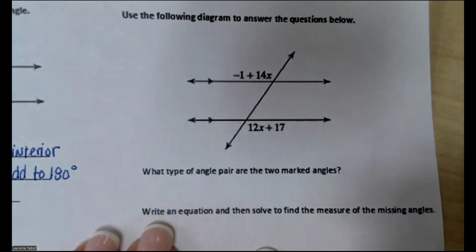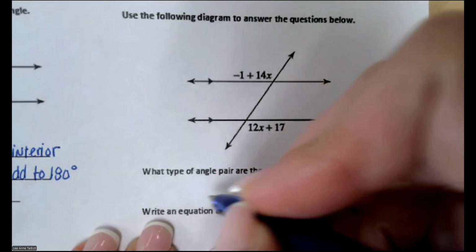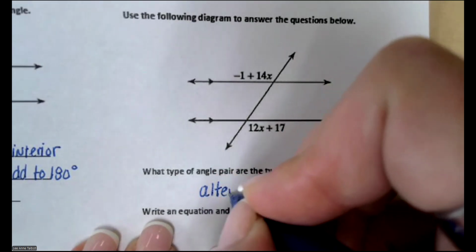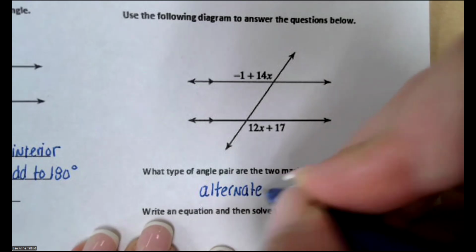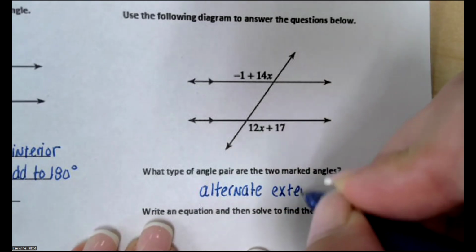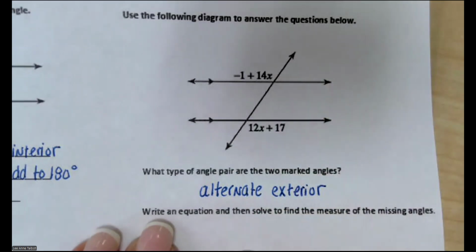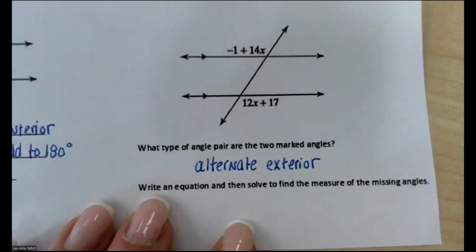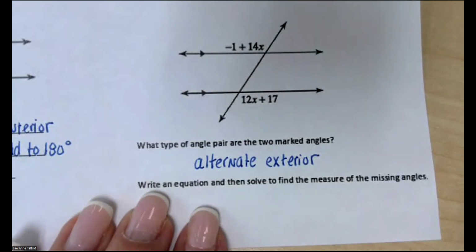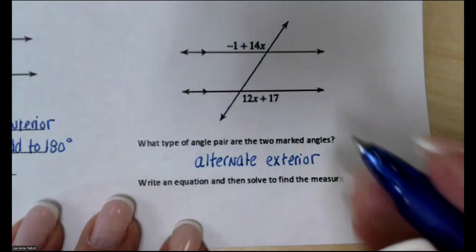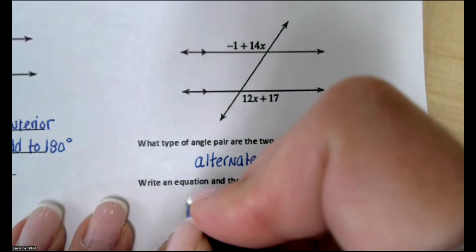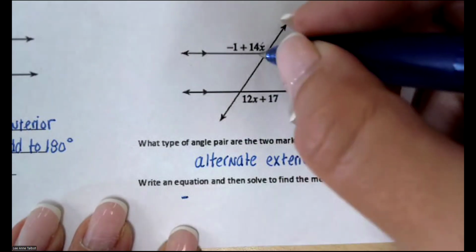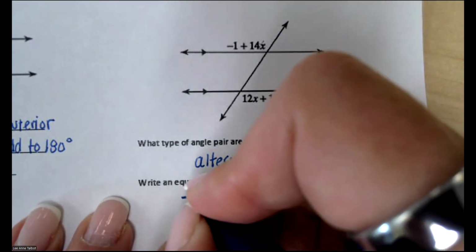What type of angles are these? Okay, are alternate exterior angles equal or do they add to 180? Equal. So I'm going to set these two algebra expressions equal.